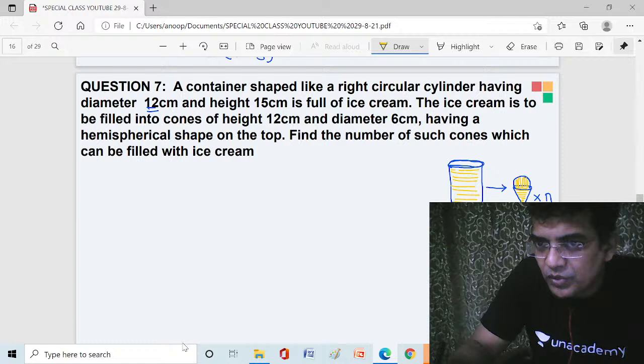Whatever will be the radius for the conical portion, the same will be the radius for the hemispherical portion also. They are surmounted figures, right? So they will have the same radius. Now what we have to do: first we will find the volume of this cylindrical portion, the volume of the cylindrical container, right?